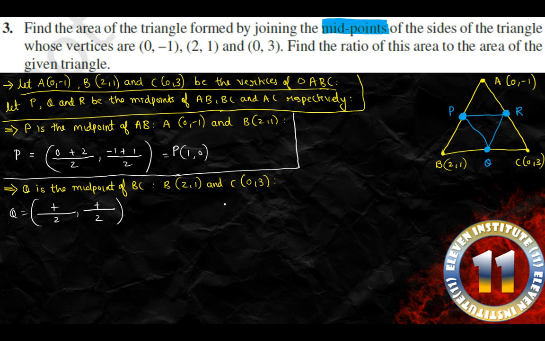The first two numbers are 2 and 0, so we can write over here 2 and 0. The other two numbers are 1 and 3, so we can write over here 1 and 3. Now 2 plus 0 is 2, 2 upon 2 is 1, 1 plus 3 is 4, 4 upon 2 is 2. So we get 1, 2 over here, which are the coordinates of point Q, which is the midpoint of side BC. Right. Now let us find the coordinates of the third one.